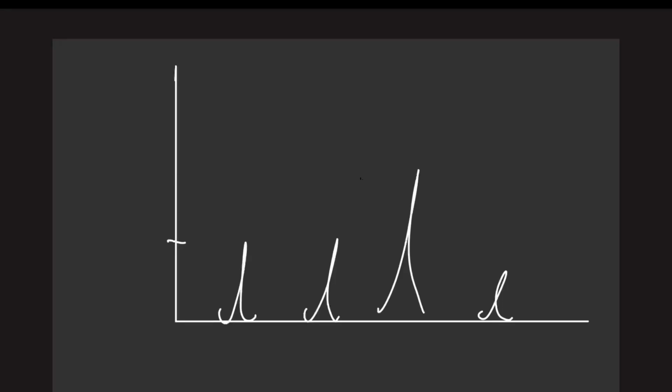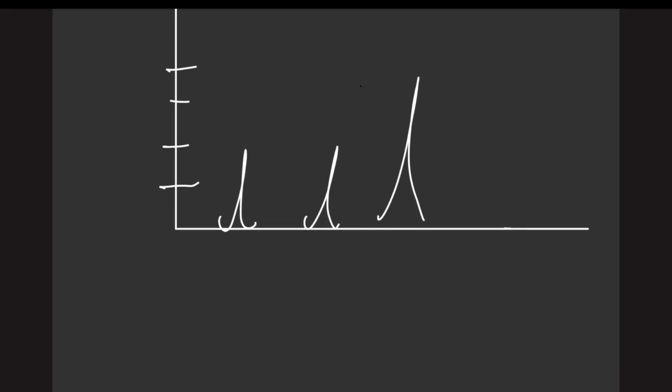So for example, they'll probably be like this, and then like this, and so you'll have 1, 2, 3, 4. You can count it, right? But this one will have energy, and it will not start from 0. This graph will start from 1,000, 2,000, something like that.